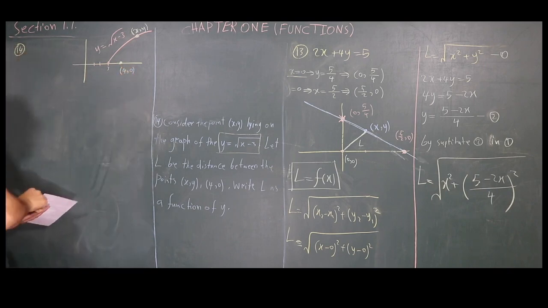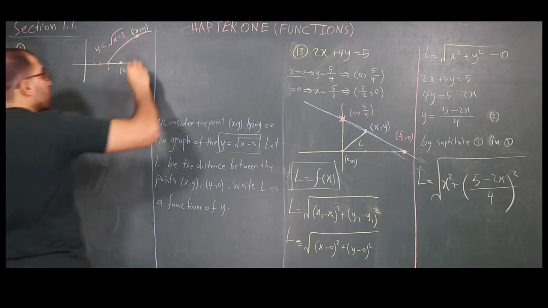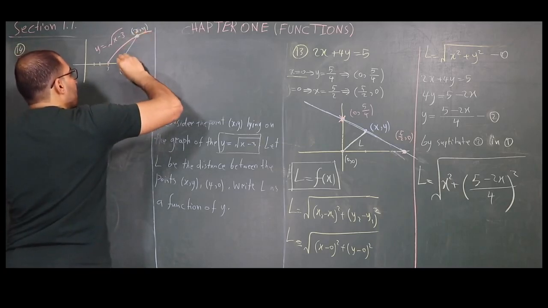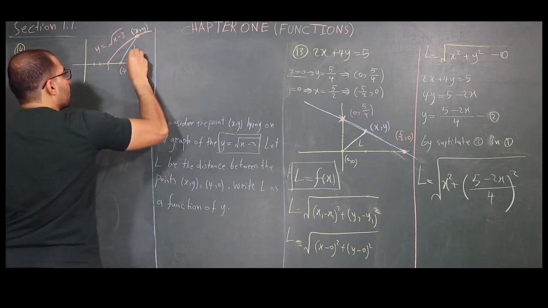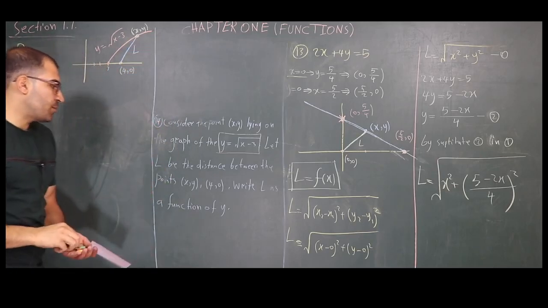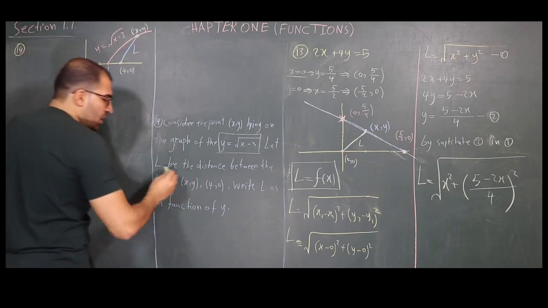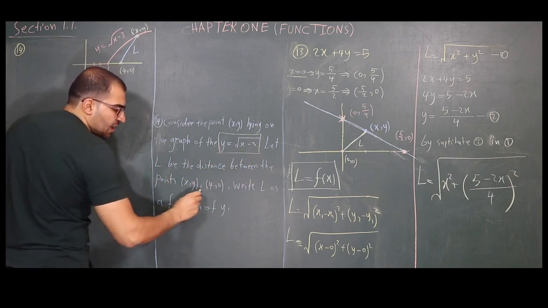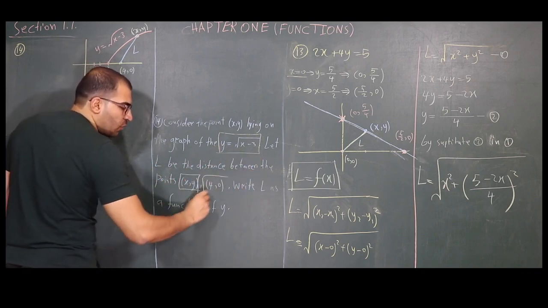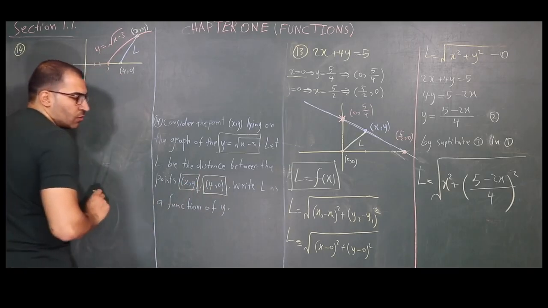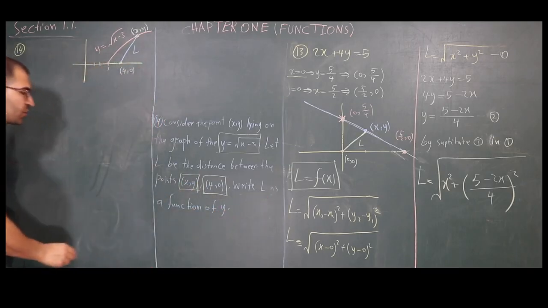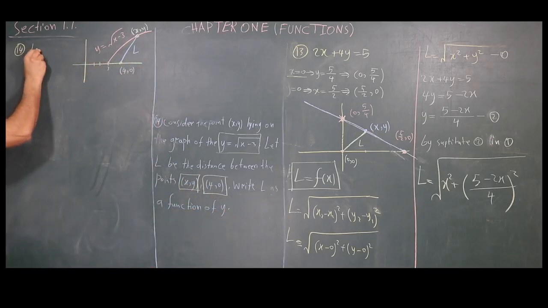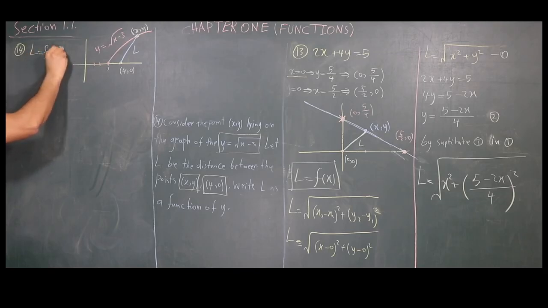And assume we have a line here. Going to put another color. We have a line here, L, a distance L. He wants us to let L be the distance between the points (x, y) and (4, 0), and write L as a function of y.